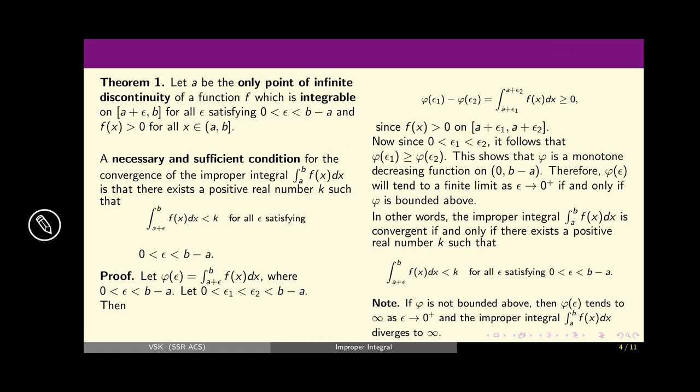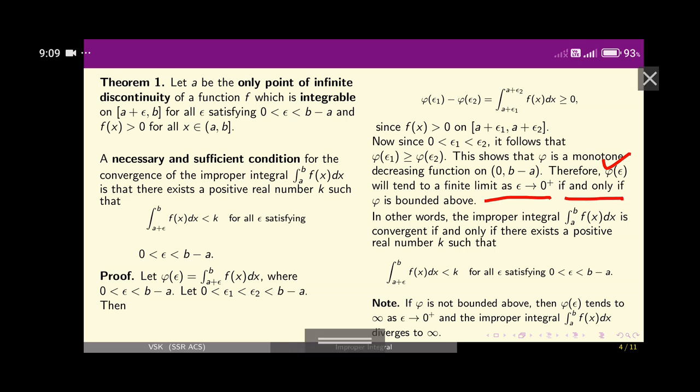Therefore, phi(epsilon) will tend to a finite limit as epsilon tends to 0 plus if and only if phi is bounded above. Now, what does it mean that phi is bounded above? Phi is defined by this. So phi is bounded above means there exists a real number k such that this integral from a plus epsilon to b of f(x) dx is less than k for all epsilon satisfying this, and k is a positive real number.